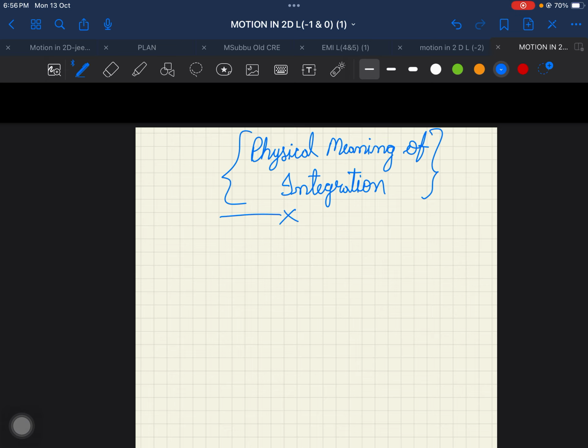All right. So now students, as I have told you, integration is the reverse of differentiation. Clear? So what do you mean by integration? It's very simple. What is the physical meaning of integration? It is area under the curve. That's it, right?